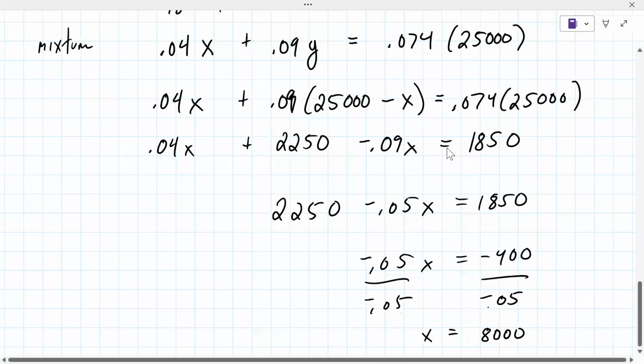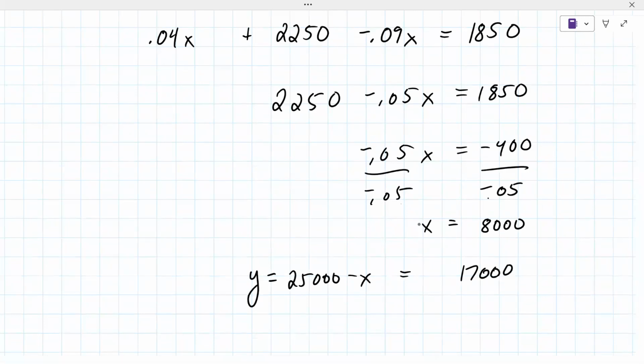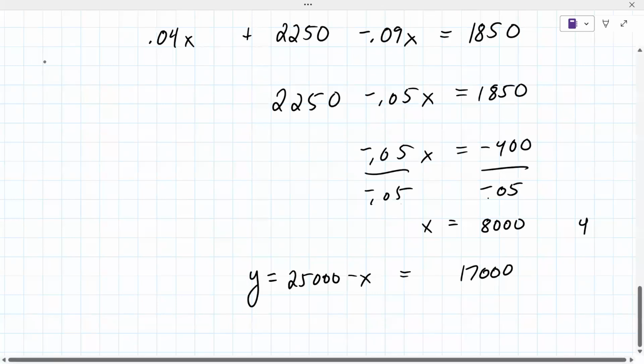That's kind of your check: is it reasonable? So y in this case is 25,000 minus x, which is 17,000, and that's consistent with what I just said. Because we're trying to get closer to 7.4%, we need more of the 9% investment.